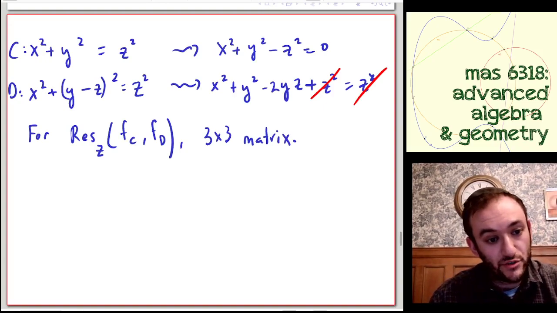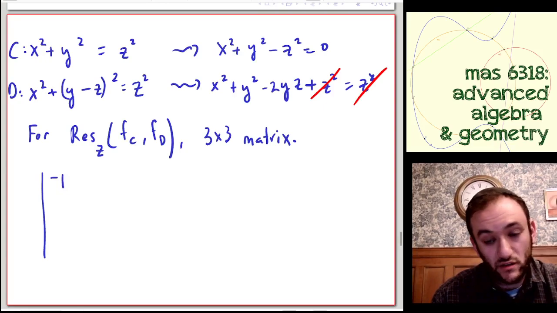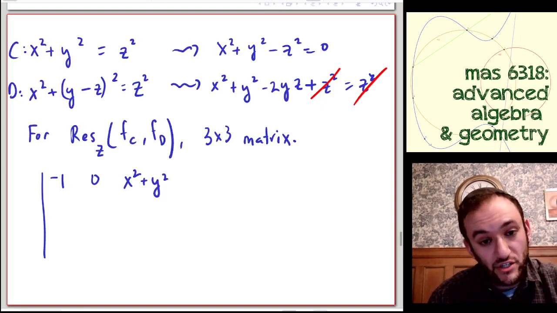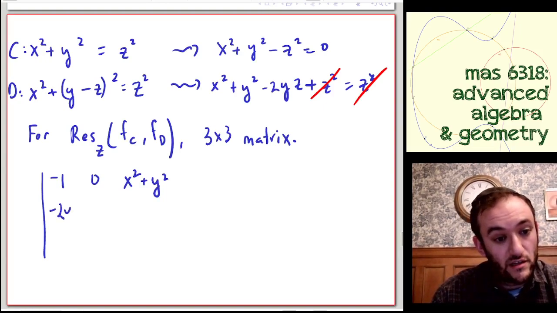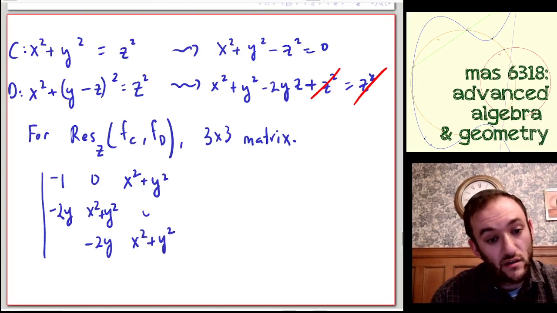So the degree 2 curve we can put on the top line. So we get minus 1 corresponding to the coefficient of z squared. There's no degree 1 z term. And then we get x squared plus y squared. And as for the second equation, we have the degree 1 term is minus 2y times z, and the degree 0 term is x squared plus y squared. And similarly, minus 2y, x squared plus y squared, 0, 0.